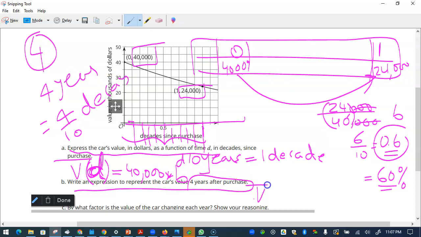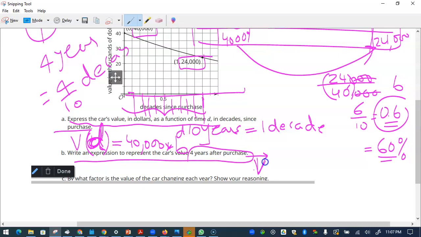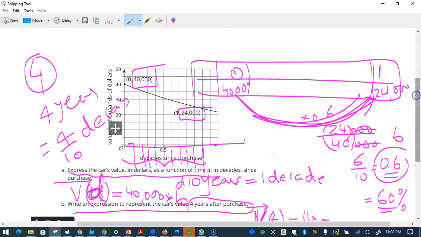So I wanted to show how this is the same as writing the value. Let me write V, not D, but let's use T. T stands for how many years have passed. So this equals, in the beginning, 40,000 times 0.6. But for every year, till 10 years which is a decade, you use the same 0.6, but you write 1 over 10.